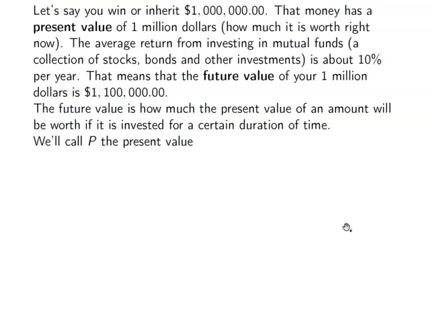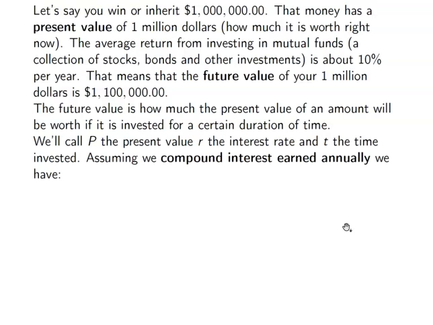So we generally call the present value P. R is the interest rate, and T is the time invested. You've seen P as the principal amount, right? We're going to assume that our interest is compounded annually, so once a year.